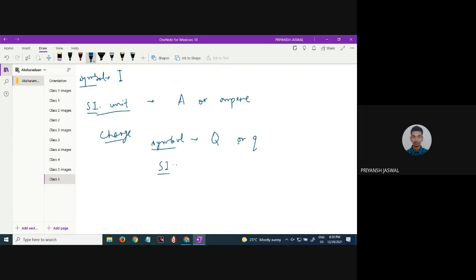And the SI unit for charge is coulomb, and its symbol is basically C.